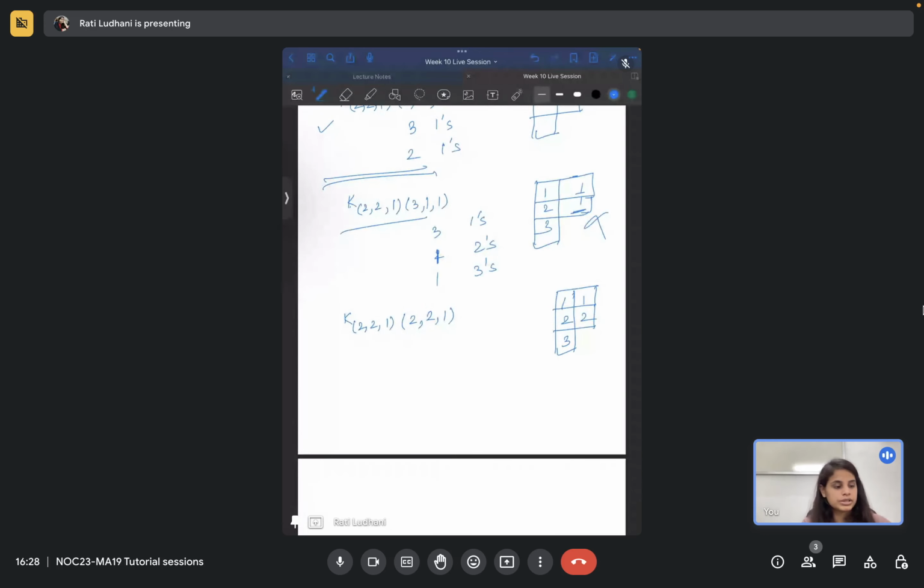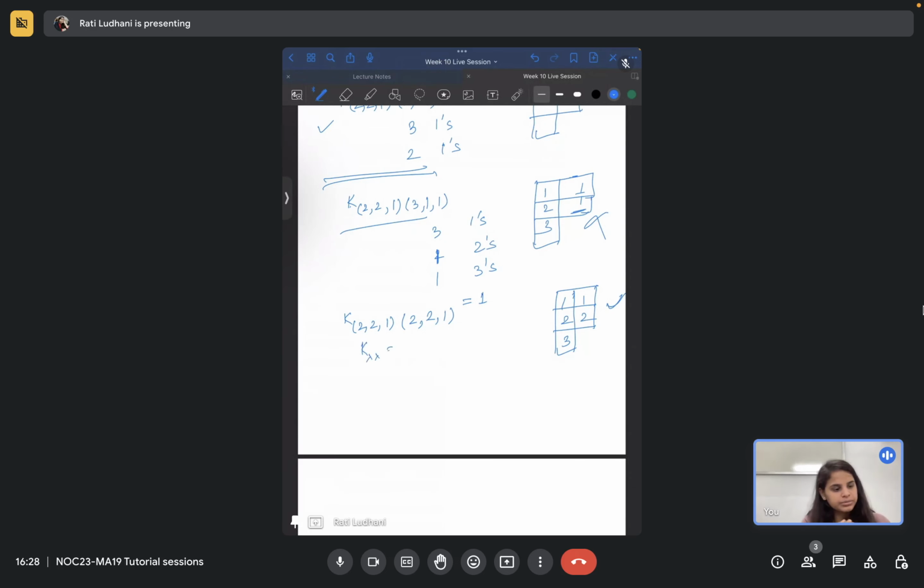This you can check in general. If you have lambda lambda, this will always be 1, because that is the only option you have. First row will be 1, second row will be 2, third row will be 3, fourth row will be 4. Whatever it is, it will be exactly this. There will be no other option.